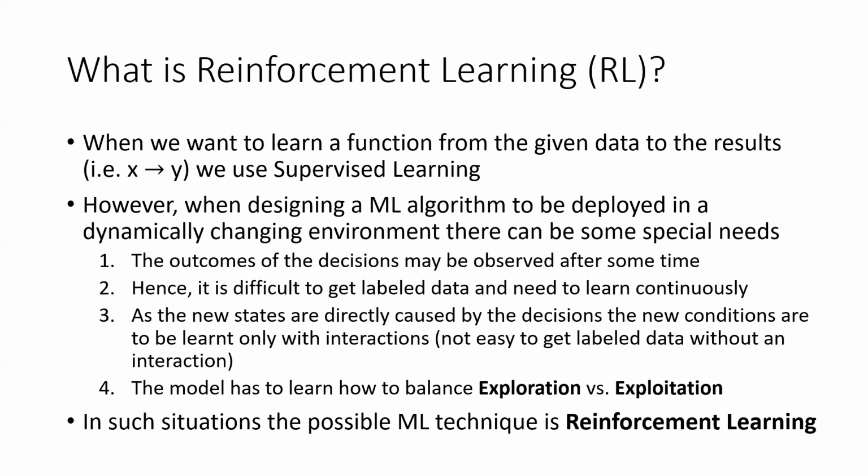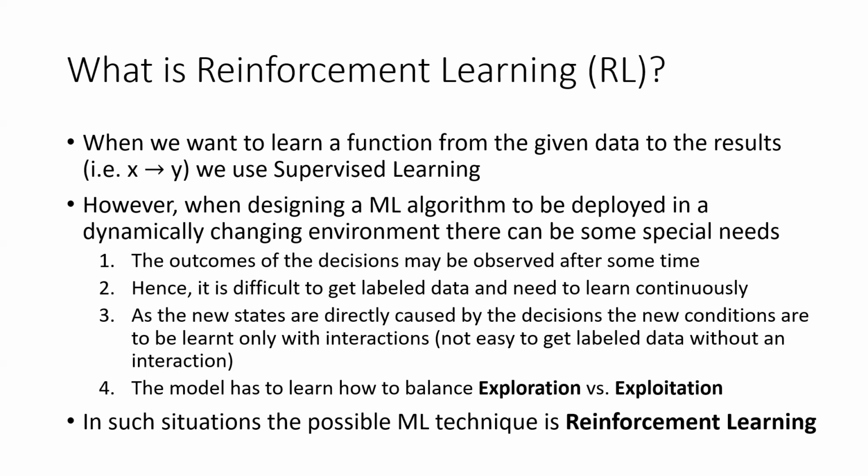You have to work hard, do assignments, and do all that hard work, but you expect that after 4 years you will get hired in a company with higher salaries and so on. So that is your expectation, right? You can't immediately get the reward. So in these kinds of scenarios, we have to use reinforcement learning, and there are situations where you can't get the data set immediately, right?